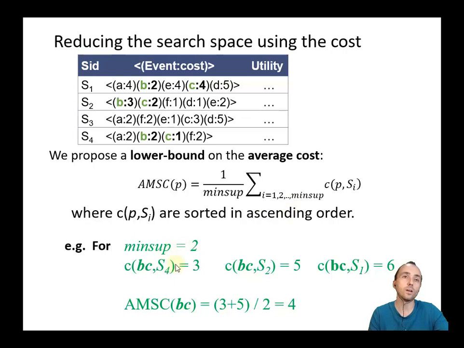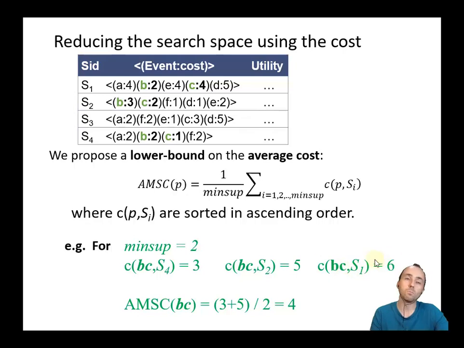Here we have the pattern B followed by C. BC appears in 3 sequences, 1, 2, and 3. In sequence 4, BC has a cost of 3. In sequence 2, BC has a cost of 5. And in sequence 1, BC has a cost of 6.